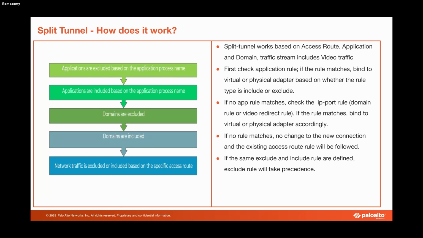Applications that are excluded based on application process name, applications that are included based on application process name, domain names that are excluded, domain names that are included, and last but not the least, access route. The point to note here is that if the same exclude and include rules are defined, exclude rule will take precedence over an include rule.